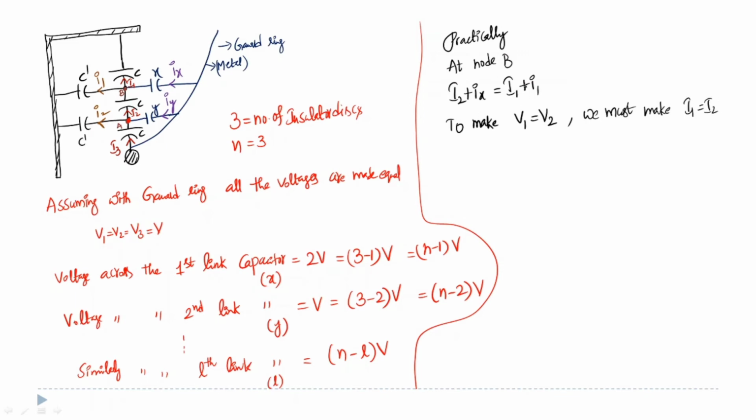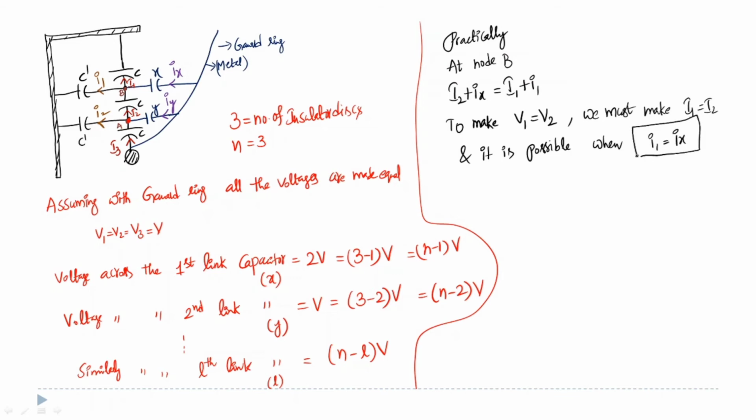From this equation, when will I1 become equal to I2? When small I1 is equal to Ix. And it is possible when I1 is equal to Ix.